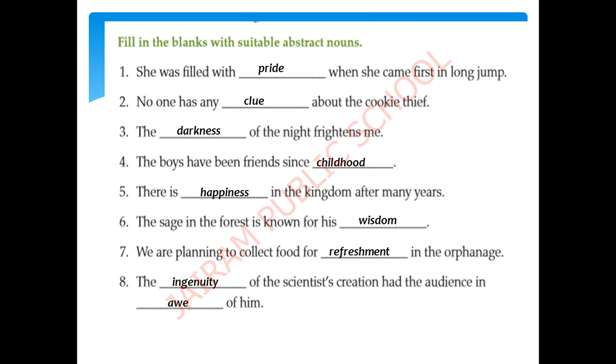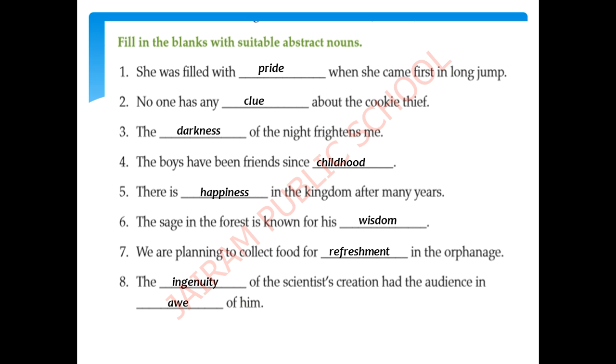Shall we all together read out the sentences with the answers? She was filled with pride when she came first in long jump. No one has any clue about the cookie thief. The darkness of the night frightens me. The boys have been friends since childhood.